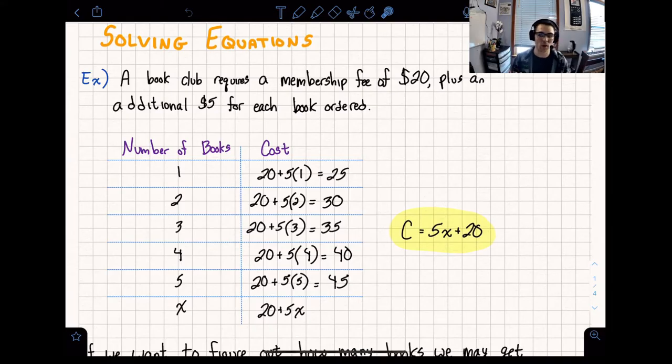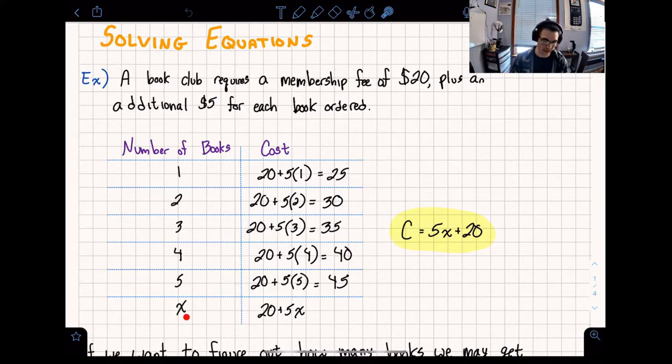Now, from this we can come up with what we call a general equation. A general equation is an equation that utilizes variables that we can apply to any number, but we must be specific about that number. When we're not specific about that number, we call that number our variable.